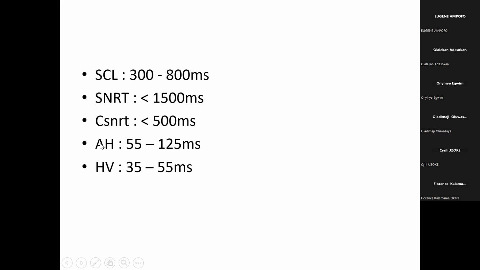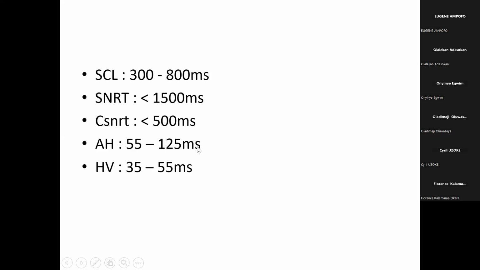If it is AH, you will say that it's above the His. If it's a longer HV, you say it is infra-Hisian block. So for supra- and infra-Hisian block, this is the time interval that separates them.